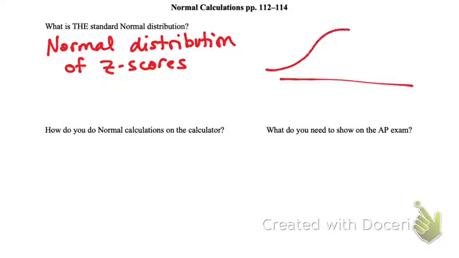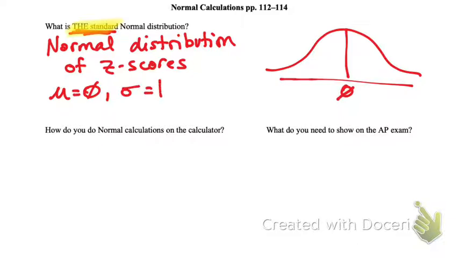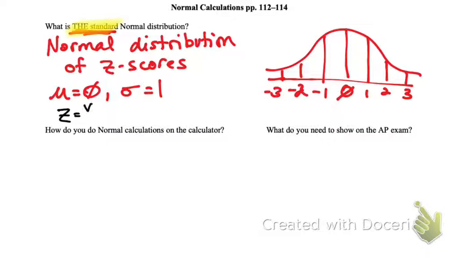It is a bell curve with a mean of 0, mu is 0 for the standard normal distribution, and a standard deviation of 1. This is the standard normal distribution. All normal distributions can be transformed to sit on this particular distribution by using the z-score formula: value minus mean divided by standard deviation.